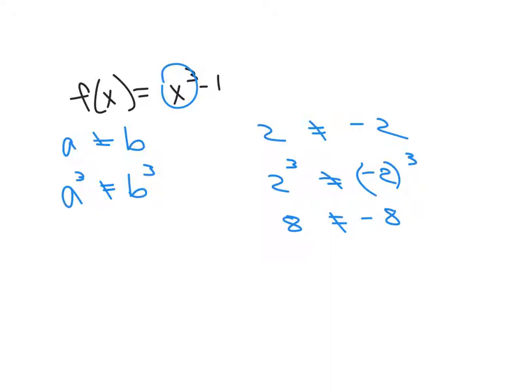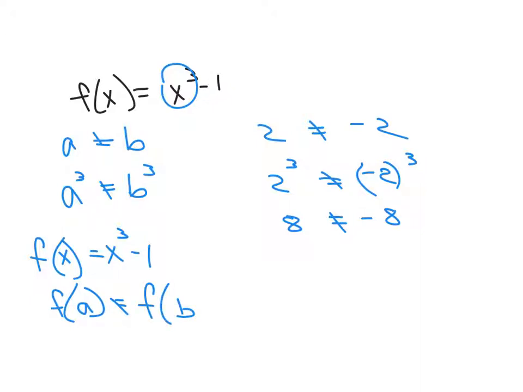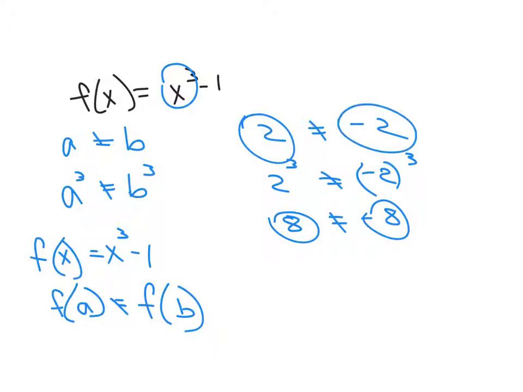Then it says, so if f of x equals x cubed minus 1, then the function of A does not equal the function of B, meaning this does not equal that. That satisfies what it needs to be one-to-one. My one value that I plug in for x and my other value are not equal, nor are the outputs equal. So therefore it's one-to-one.